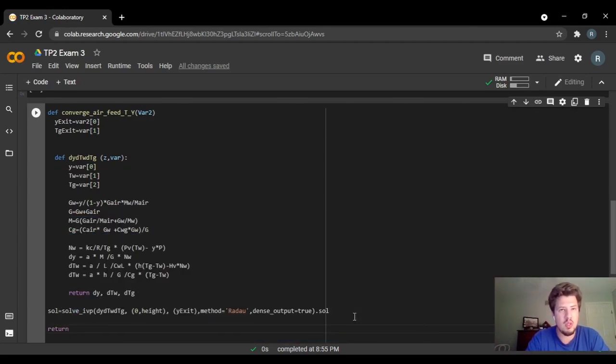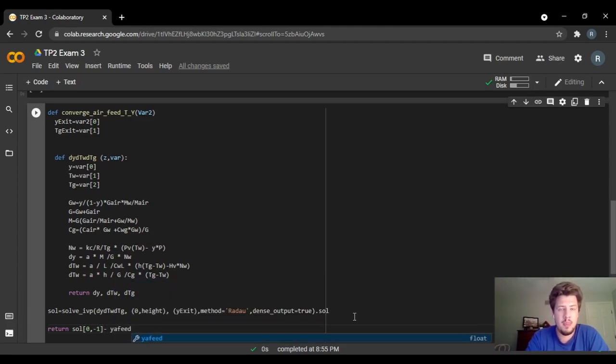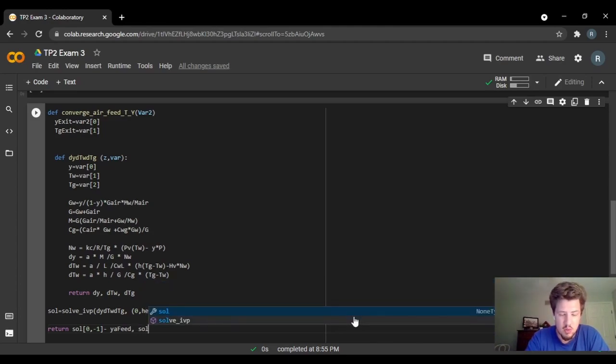So we want to return solve at the first position, and the last position of, yes, first position, I said that right, I typed it wrong. First position of the array at minus YA feed, and that's the first solution for the feed. And then we have the solution for, again, the first variable.